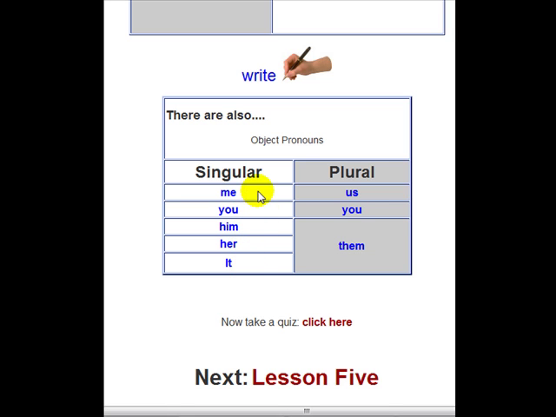It's like in our first indication, I, me, you, he, him, she, her, it. Okay? And then we have the plural form of the object pronoun, which is us, coming from we, you, it would be you, and them, which would be they.